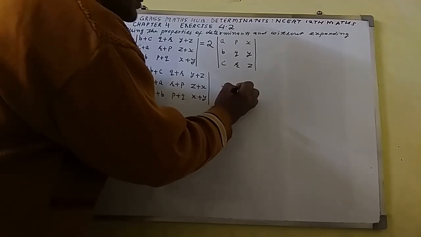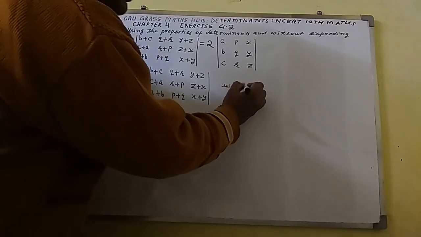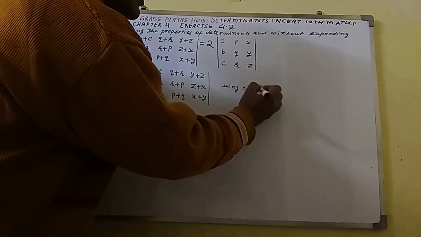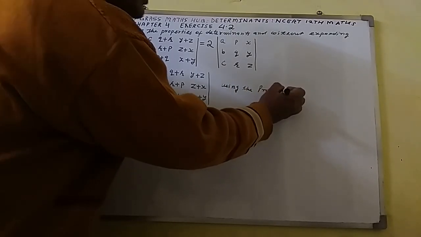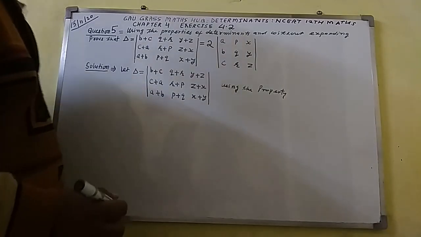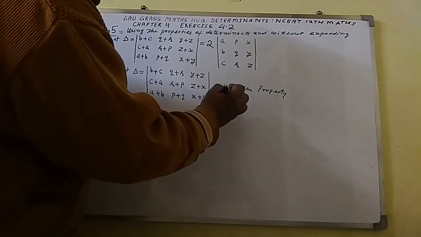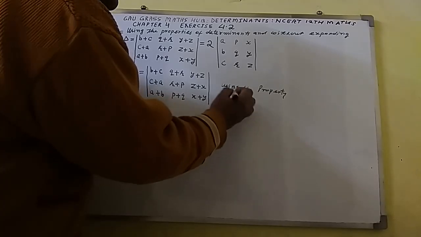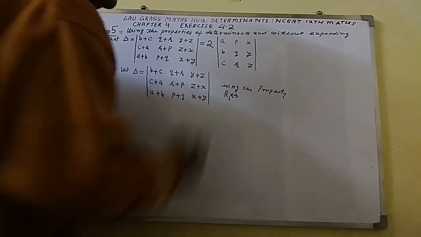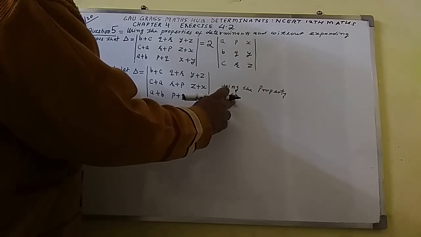So here I shall write, using the property, R1 interchange to C1. This is the sign of interchange.